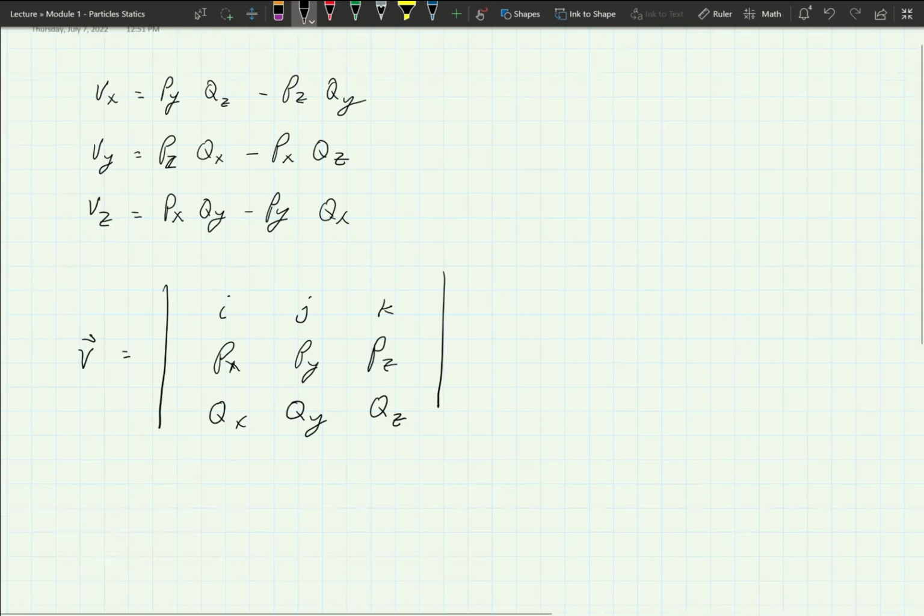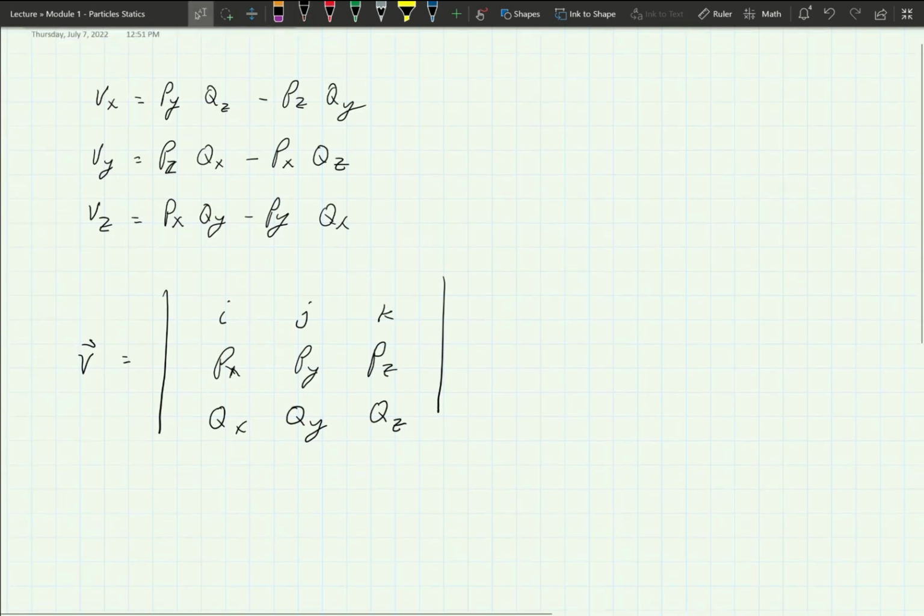Now if we look at all the places we come up with this, if you're careful, you're going to see patterns start to show up. So if I look at the z here, p of x, q of y, and I'm going to divide this way in a minute, p of x, q of y is the z portion of that vector.